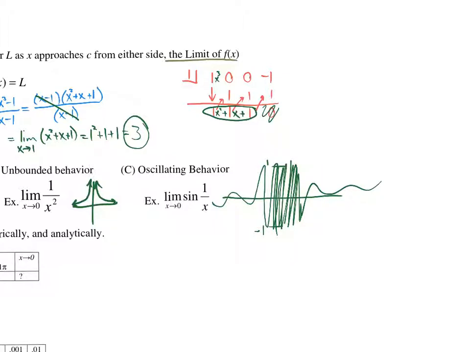And obviously there is a hole in here somewhere at 0, okay? It's undefined at 0, but it's bouncing back and forth between two set values. In this case, 1 and negative 1, okay?